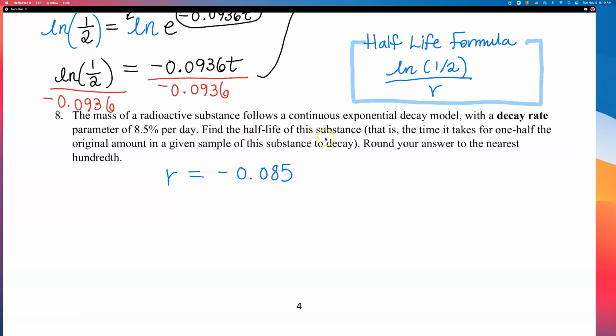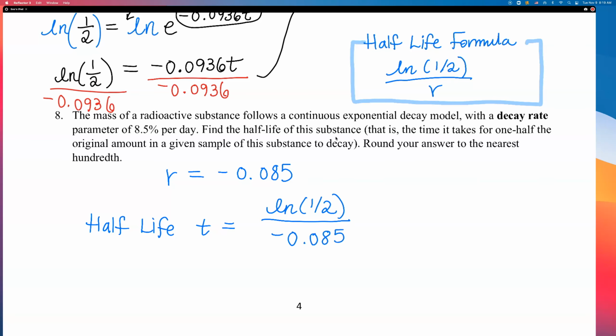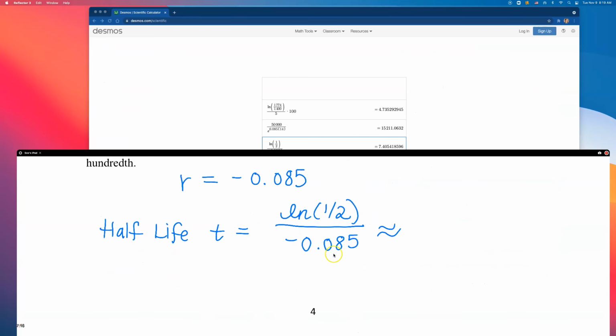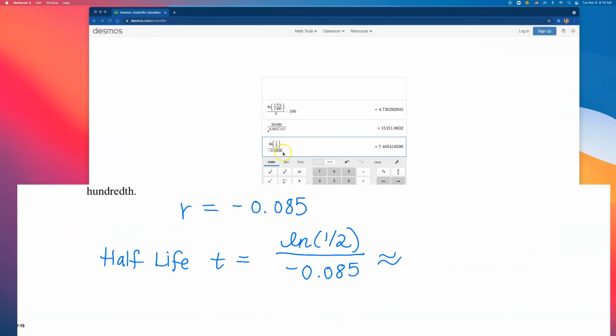Find the half-life of the substance. Now that's all we really need. So here's the half-life: T of the substance is natural log of half divided by the rate r. Let's get the approximate decimal for this. Once you have that formula, you really don't need to solve for it again, because they're all going to be the same.